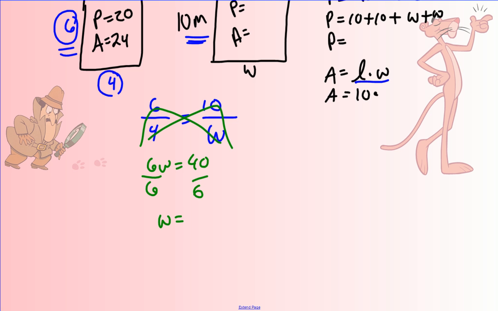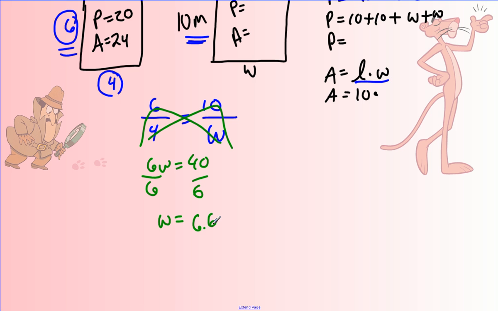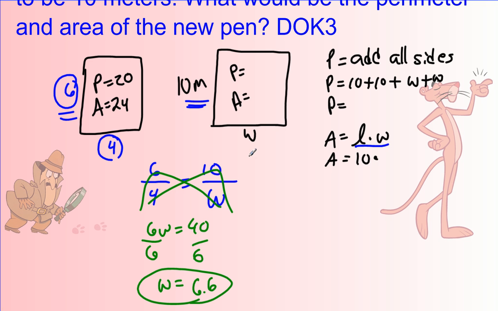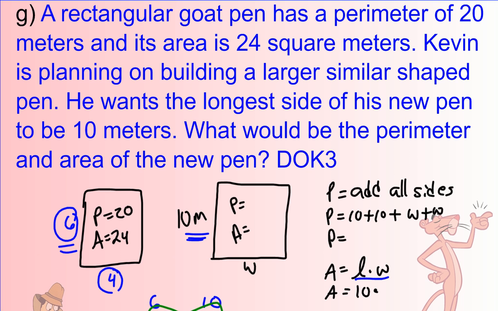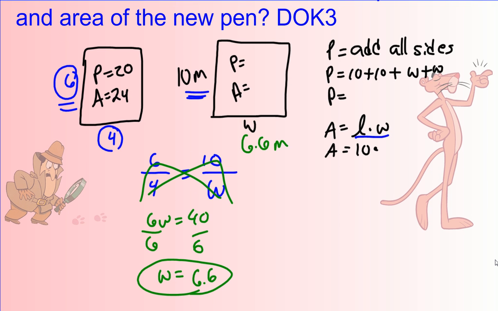W equals, Mr. Calculator says, 6.6. So the width of Kevin's new pen would be 6.6 meters. That's the information I needed to actually answer the question.